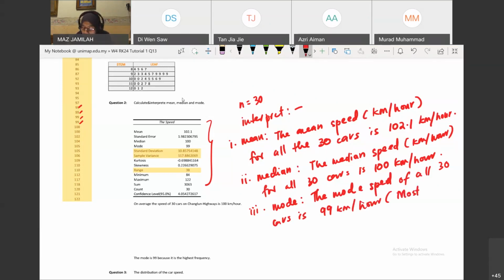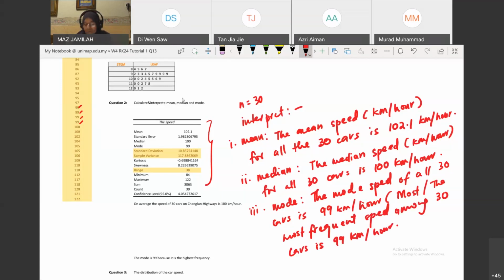Or you can say the most frequent speed among 30 cars is 99 kilometer per hour.